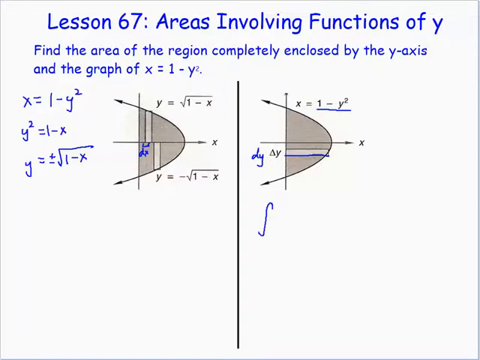So x is equal to 1 minus y squared. We're finding the area between two curves, so we integrate and do our summing up of our rectangles. So we're going from negative 1 up to 1.